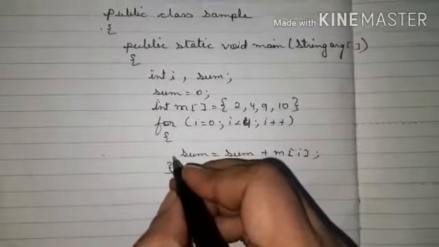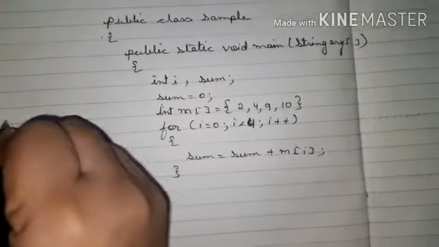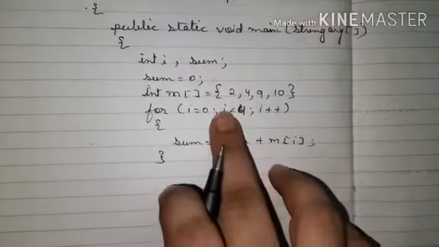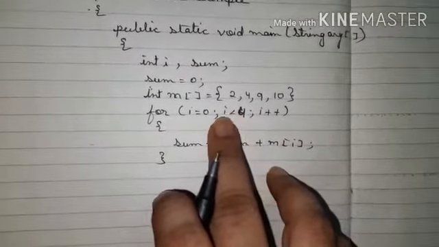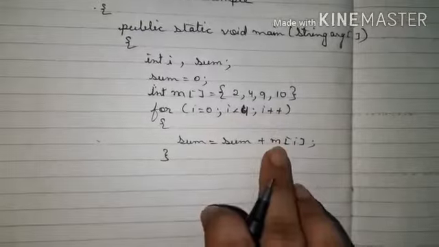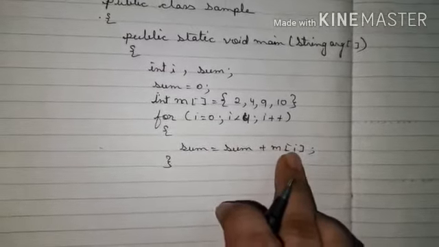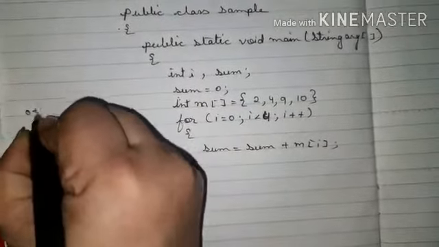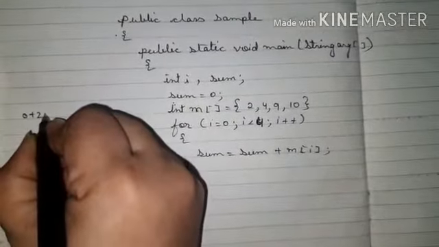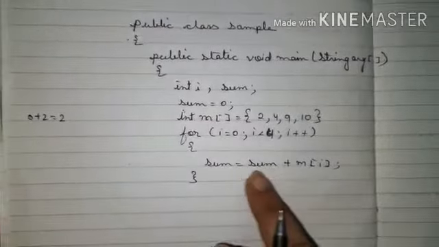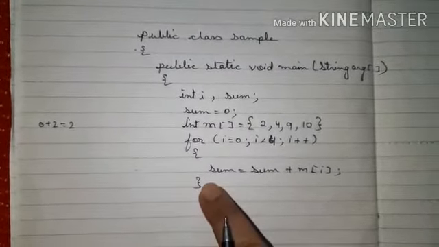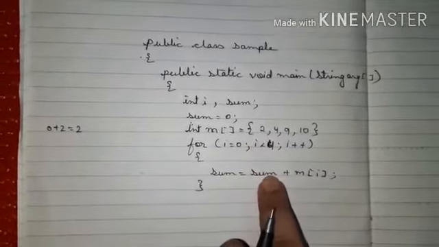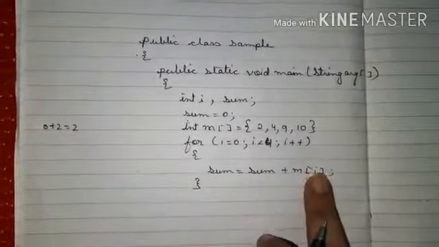Let's assume sum is 0 and i is 0. The condition 0 less than 4 is true. In the 0 position 2 is there, so 0 plus 2 is 2. Then i increases to 1. 1 is less than 4, sum was 2, and in position 1, 4 is there.